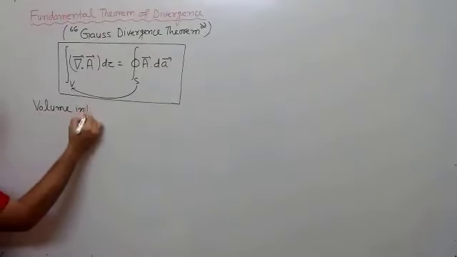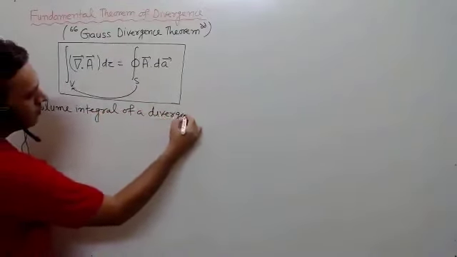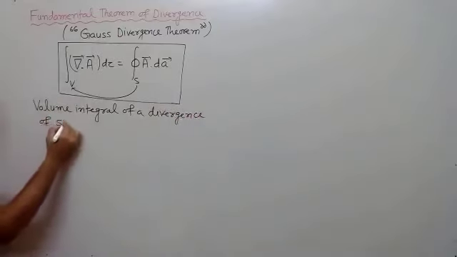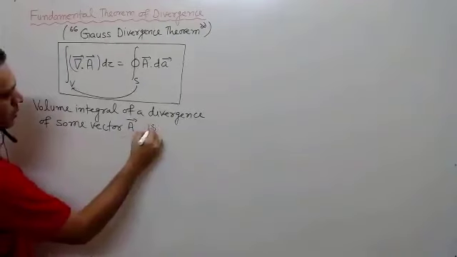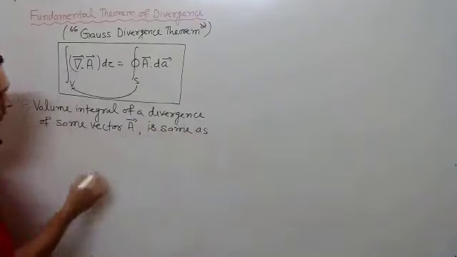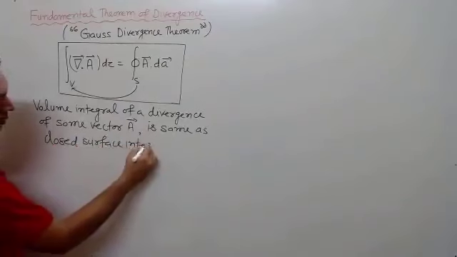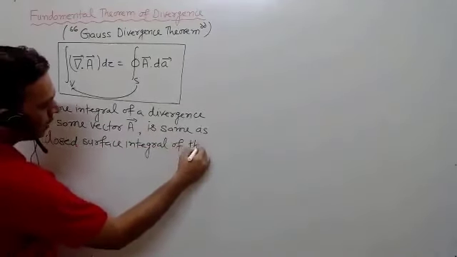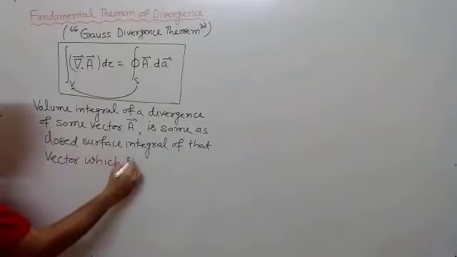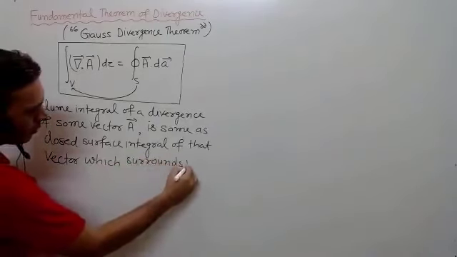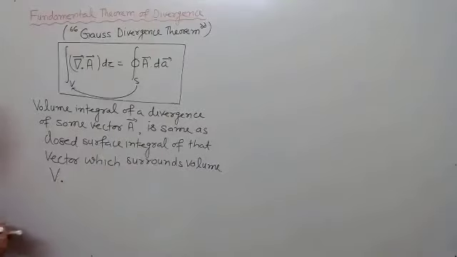So you can write volume integral of a divergence of some vector A is same as closed surface integral of that vector which surrounds volume V. So that is the statement of divergence theorem.